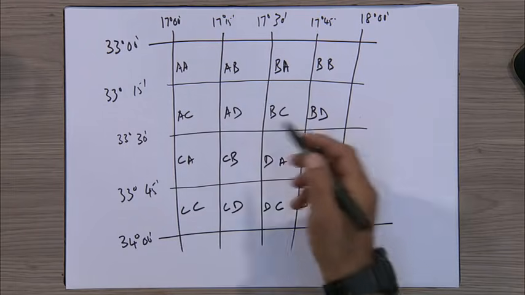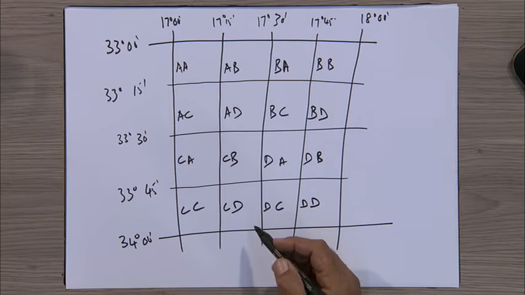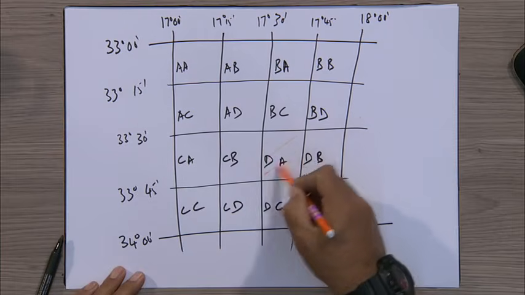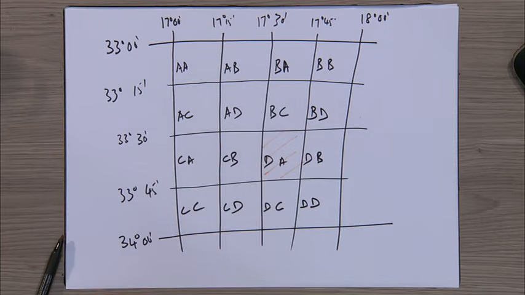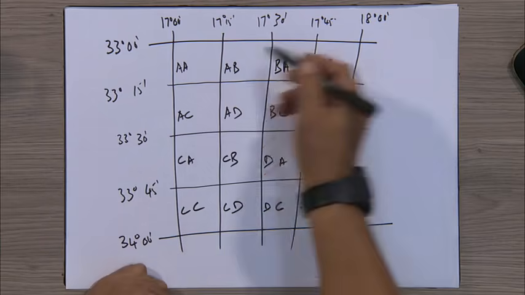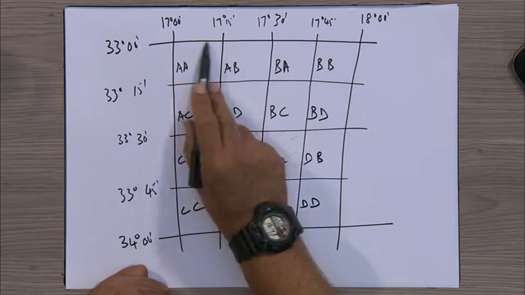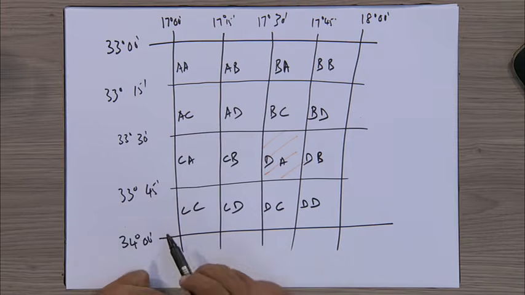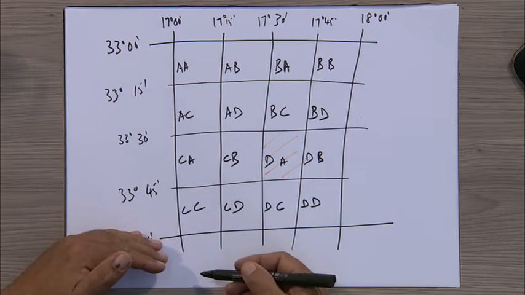Now, how are we going to give the title of this map? Let's take one at random. Let's take this one here. Let's take that block there. What will the title of that map be? Can you see that for each of these maps, the first line of latitude is 33 and it continues. 34 will be the maps below that.